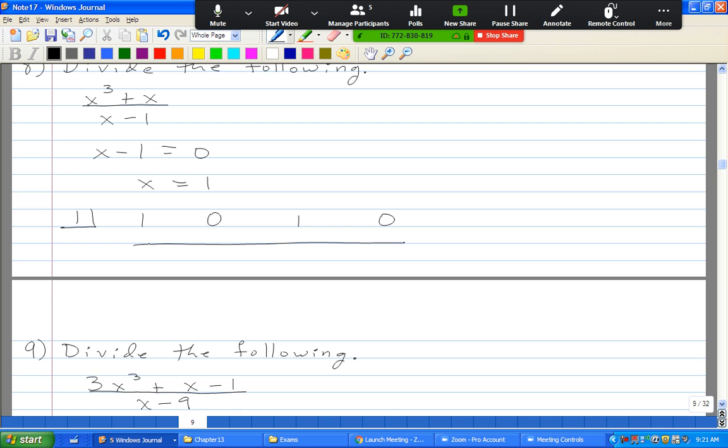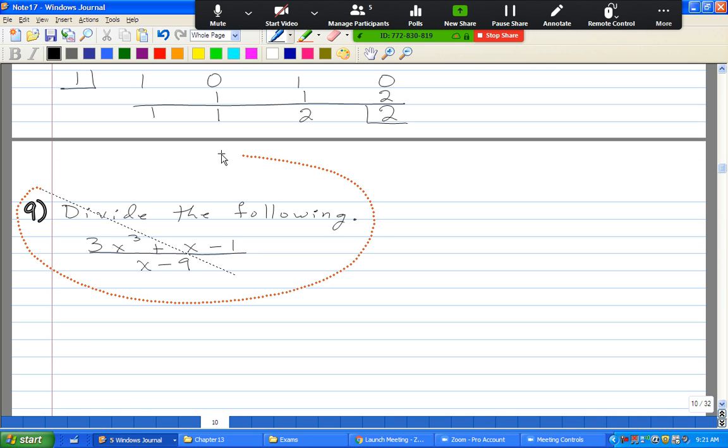I'll drop down my 1, times 1 is 1, plus 1 is 1, plus 0 is 1, times 1 is 1, plus 1 is 2, times 1 is 2, plus 0 is 2. And so I can write my answer.